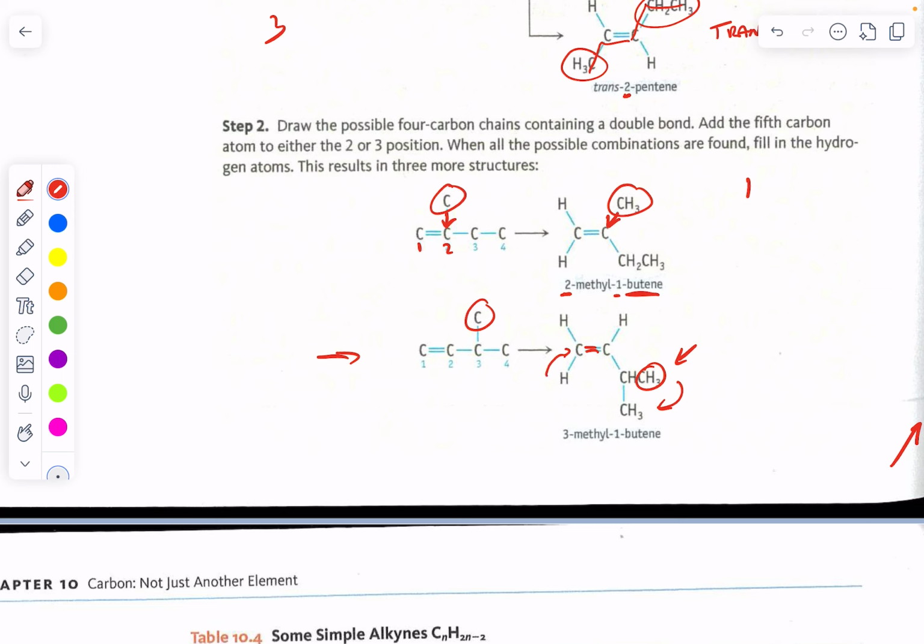Therefore, the left side with the double bond takes precedence over the attachment, which is on the right side. And so therefore, the 1-butene means this is carbon 1, carbon number 2, and my methyl is attached to carbon number 3, and here's carbon number 4.